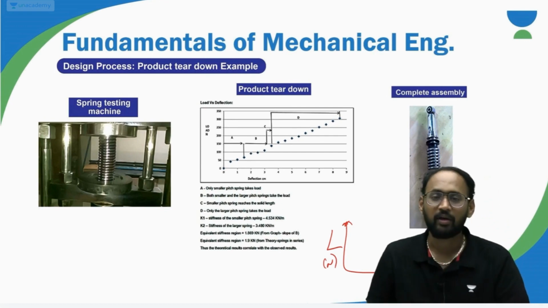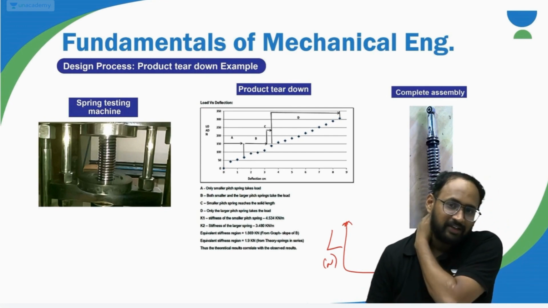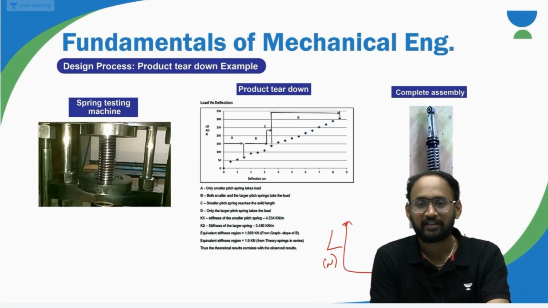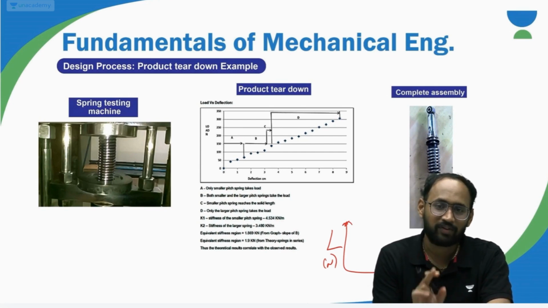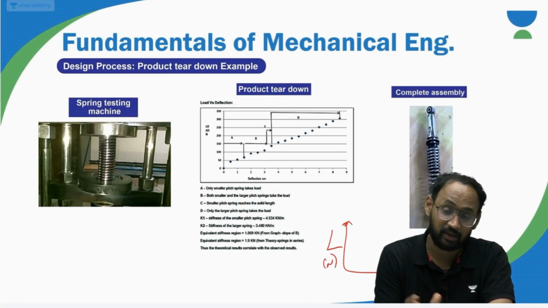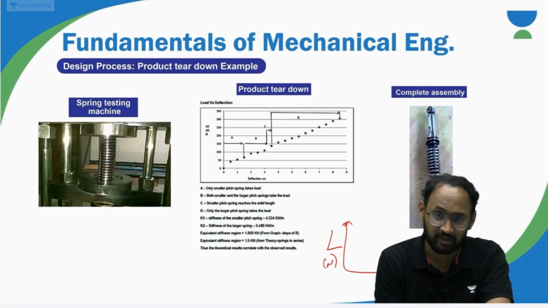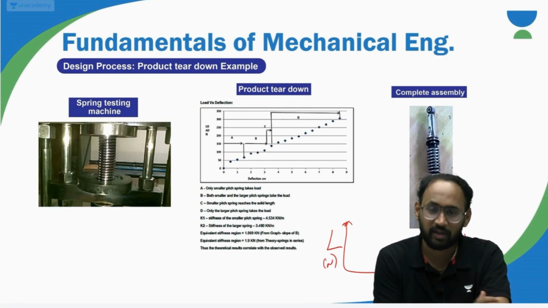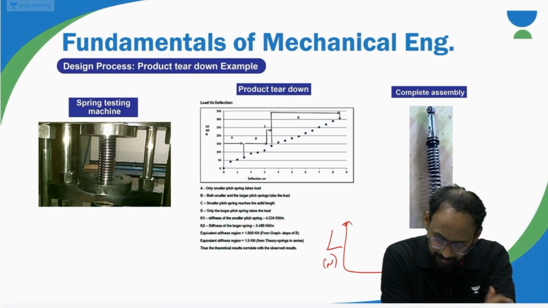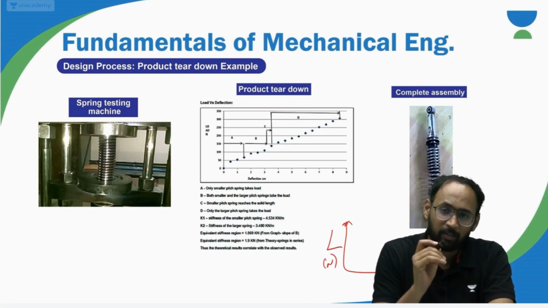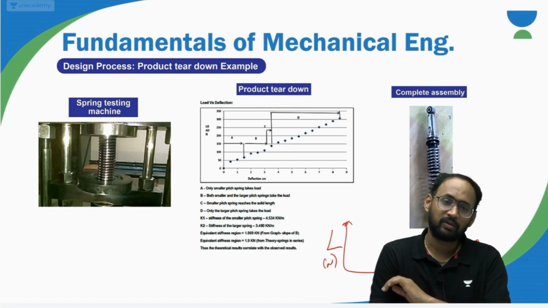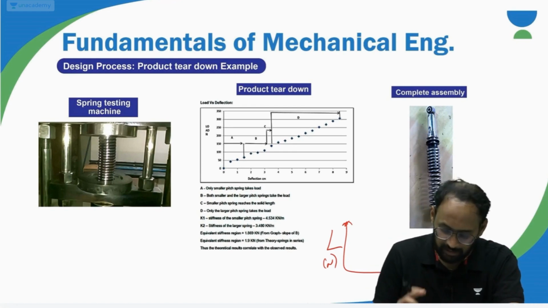Now if I just buy a suspension, I would not know the stiffness of the spring, because this is one of the important characteristics of the suspension, because it's going to provide that cushioning. Because I performed this testing, now I got the spring constant.